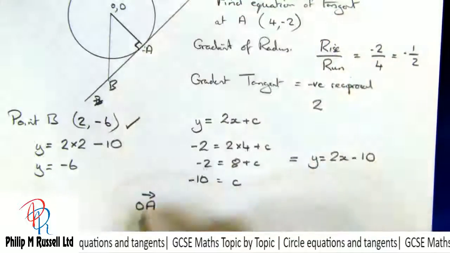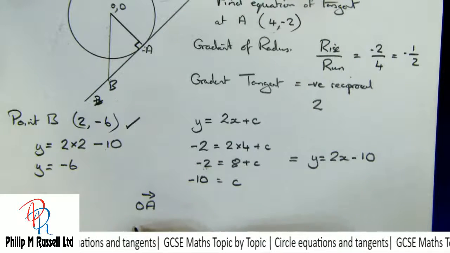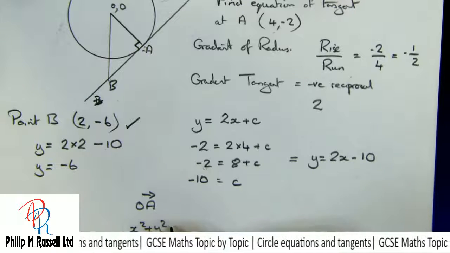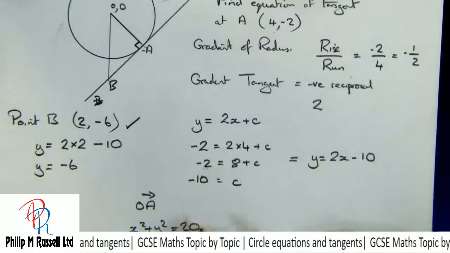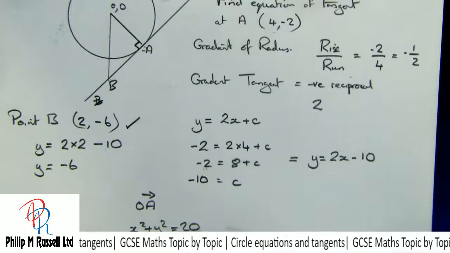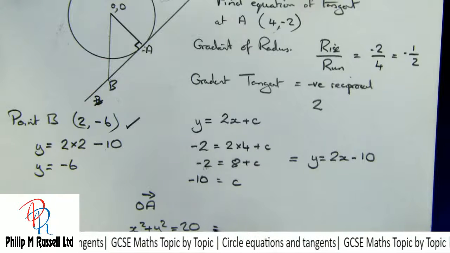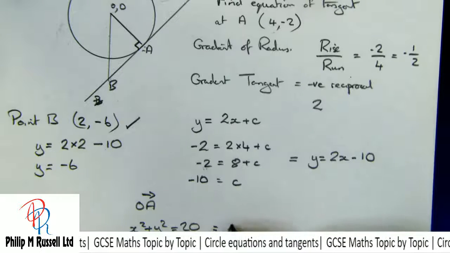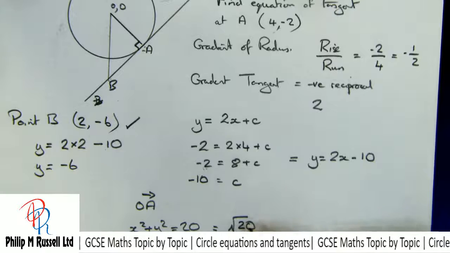To work out O to A, I've got the equation of my circle, which is x squared plus y squared equals 20. I can work out from this that my radius is going to be the square root of 20.